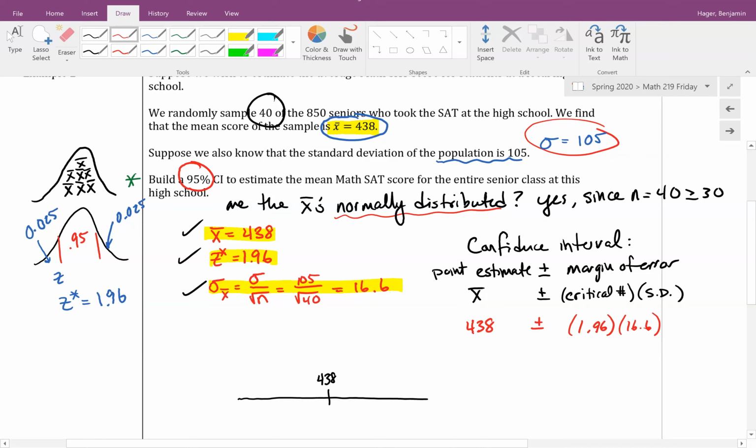If I take 438 and add that, I end up getting 470.54. If I take 438 and subtract that number, what I get down here is 405.46.